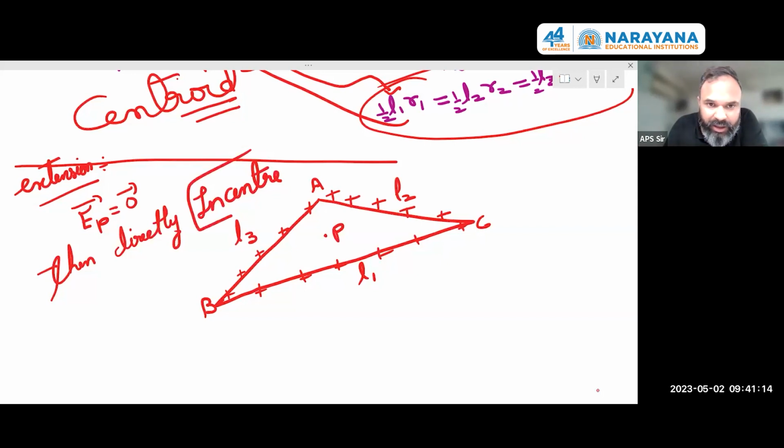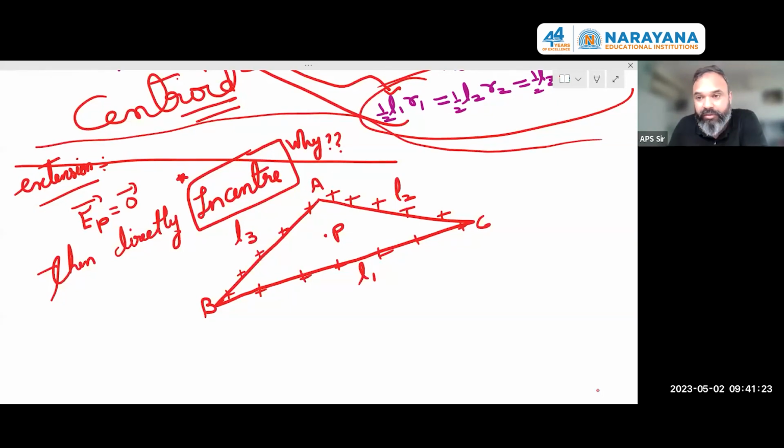Now I leave it to all of you to think for a minute. Why am I saying directly the incenter? Again, by proof. Saying symmetry is something which needs to be justified clearly. So we need to be clear on that.